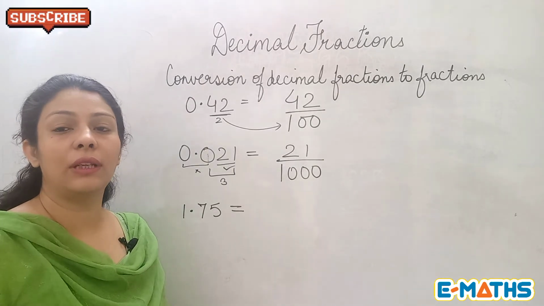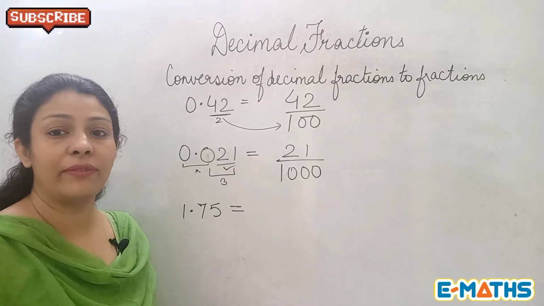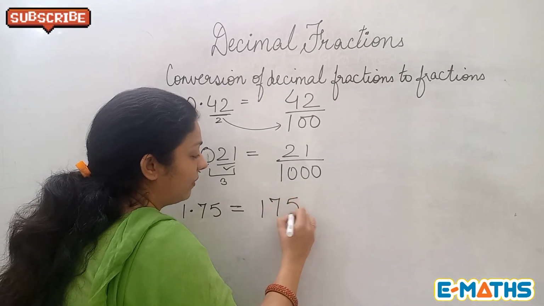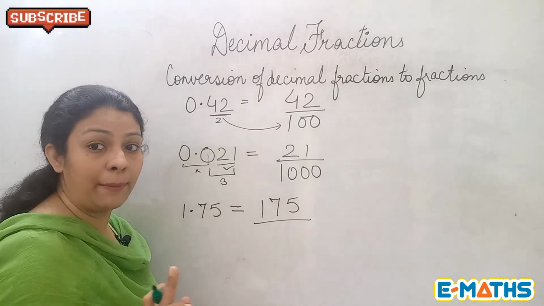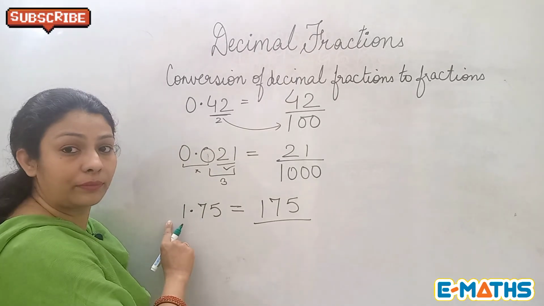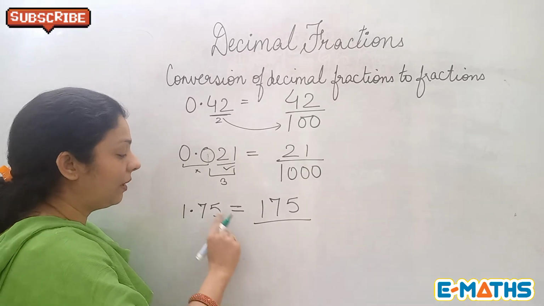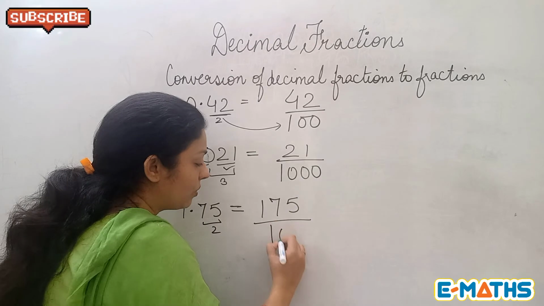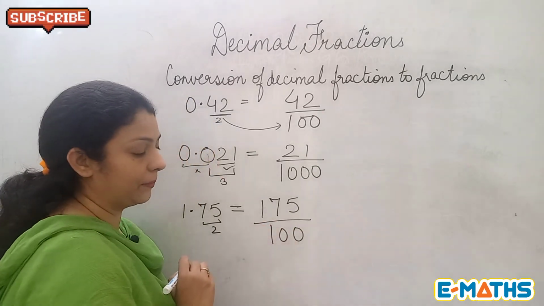Now moving on to the last part, I have written 1.75, which is going to be written as 175. Remember, we have to write the entire number. The decimal places are only 2, so we are going to write only 2 zeros in the denominator.